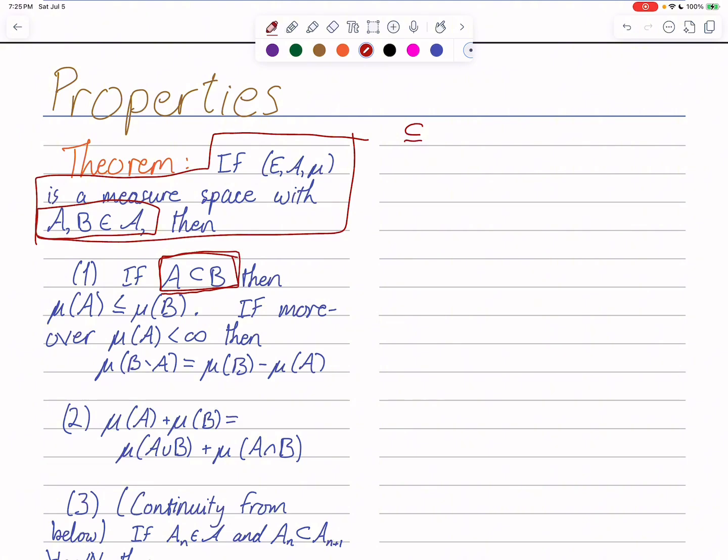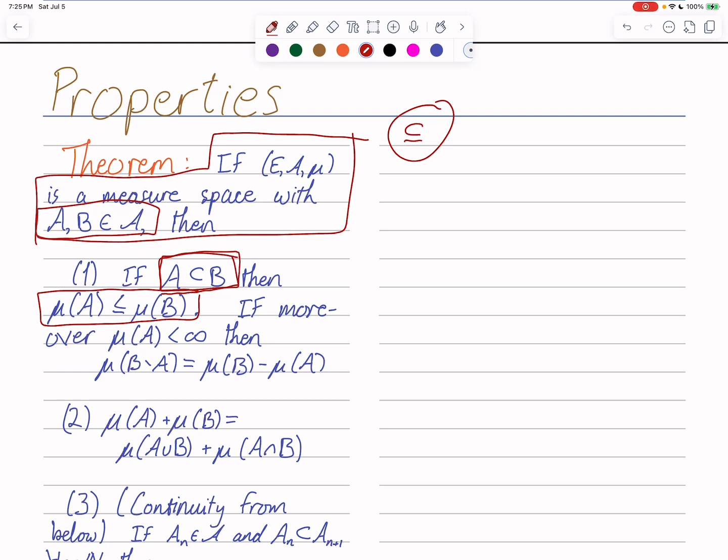But since I'm so used to writing it the other way, I'm often going to revert to that, but they mean exactly the same thing.